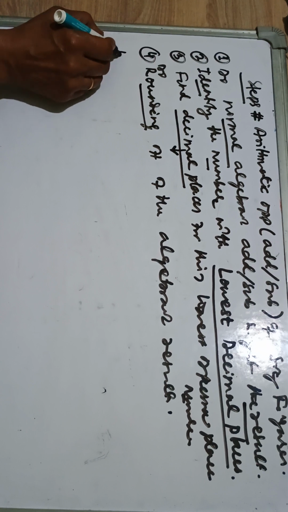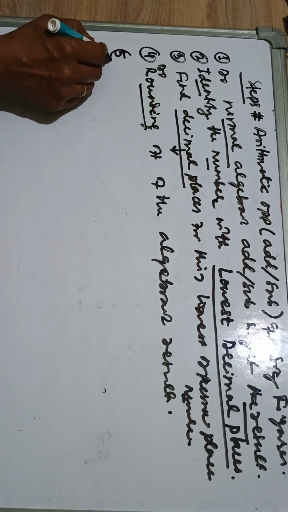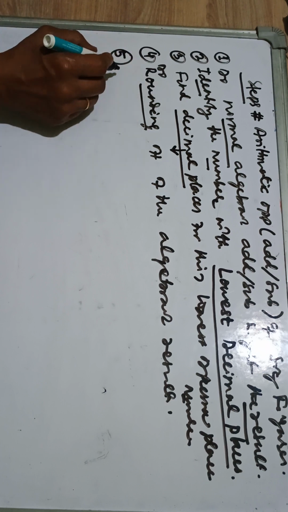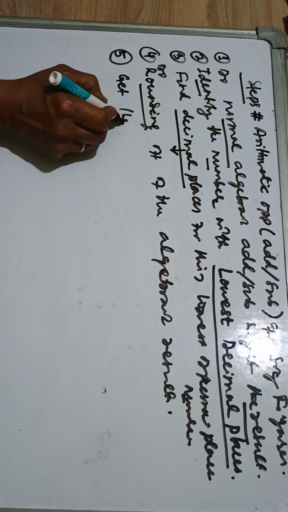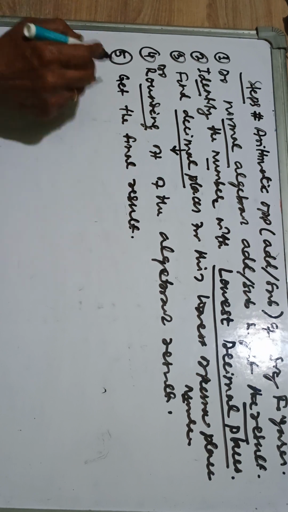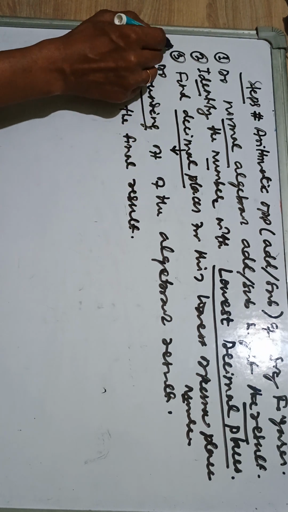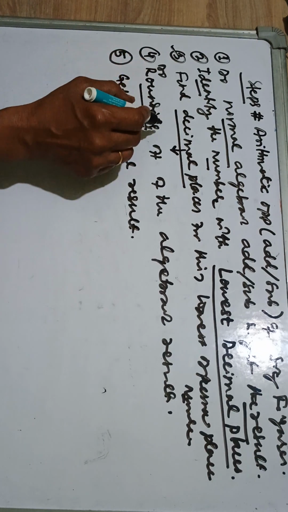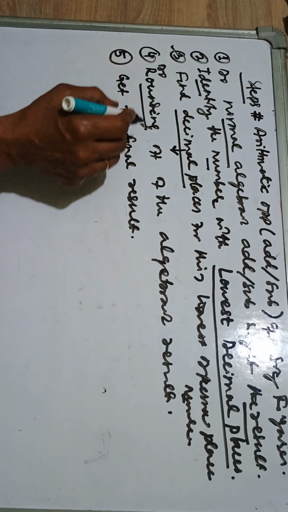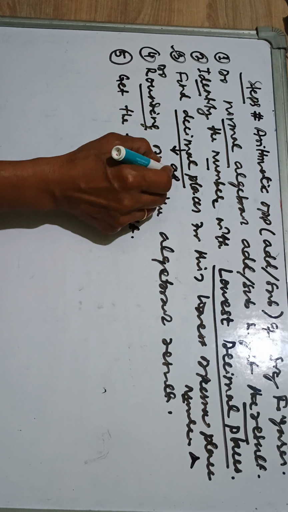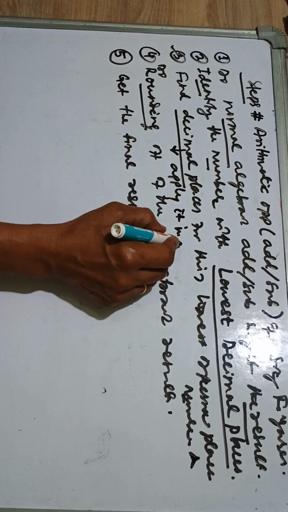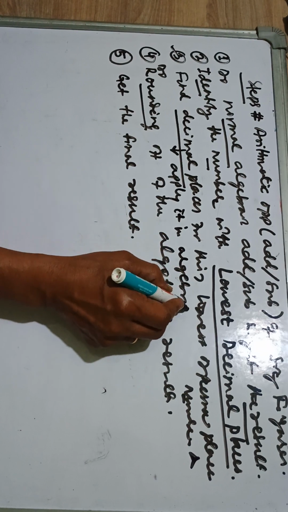Then after rounding off, we will get the final result. Step 3 says find the decimal places for this lowest decimal place number and apply or use it in the algebraic result.